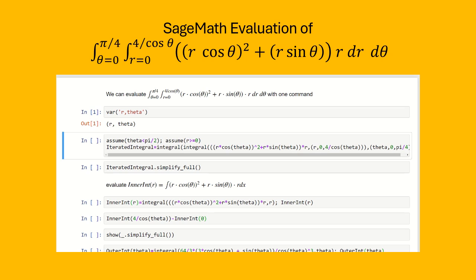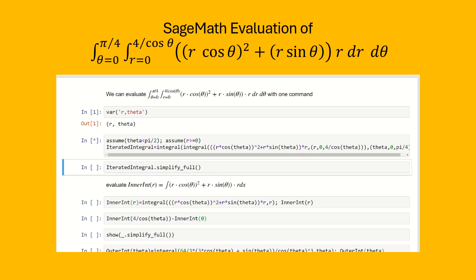Then the iterated integral that we're going to look at is the integral of r squared, of (r times cosine theta) quantity squared plus r times theta, all that times r. And we're going to integrate the inside with respect to r, going from 0 to 4 over cosine theta. And the outside integral will be integrating with respect to theta, going from 0 to pi over 4.